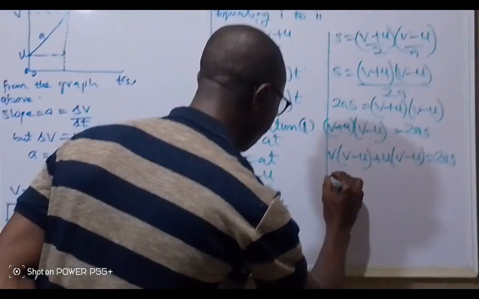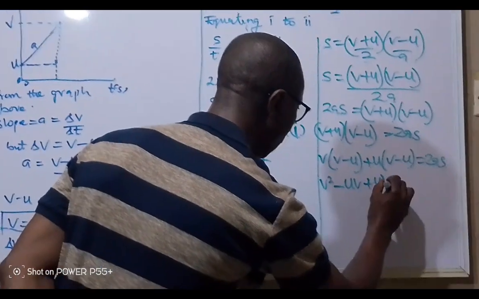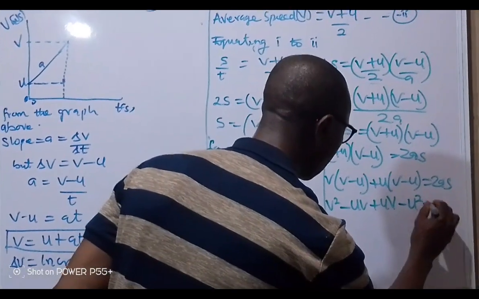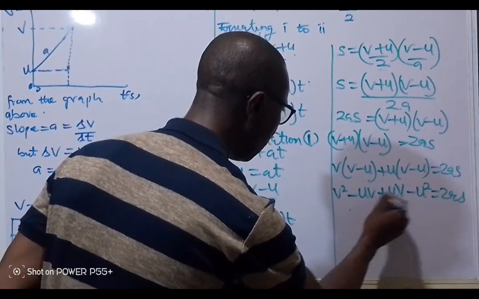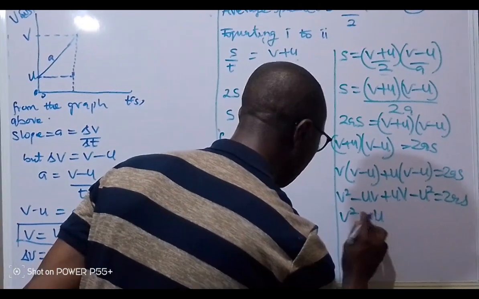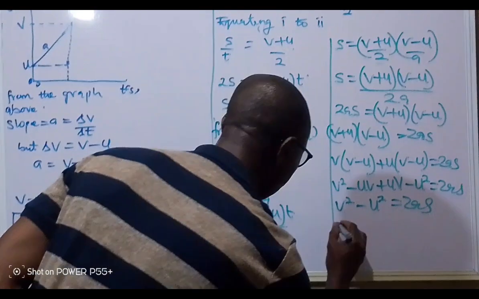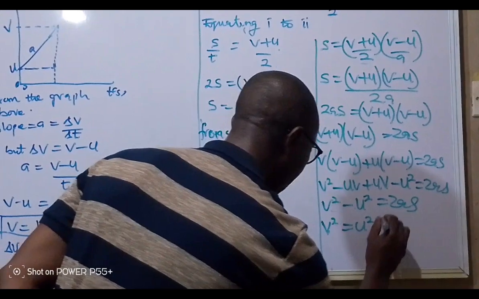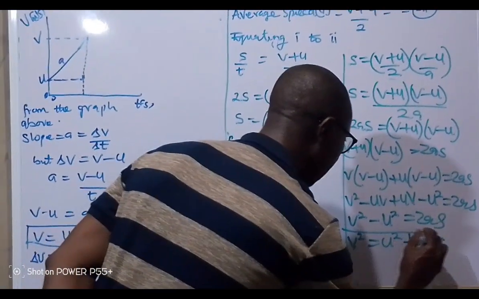That will be V square minus UV plus UV minus U square equal to 2AS. Now, minus UV plus UV will cancel each other. So we have V square minus U square is equal to 2AS. Shift that U square to the other side, we are going to have V square is equal to U square plus 2AS. That is equation 3.